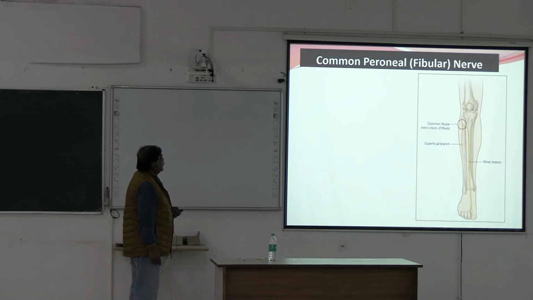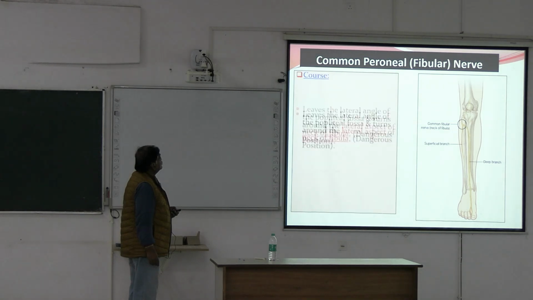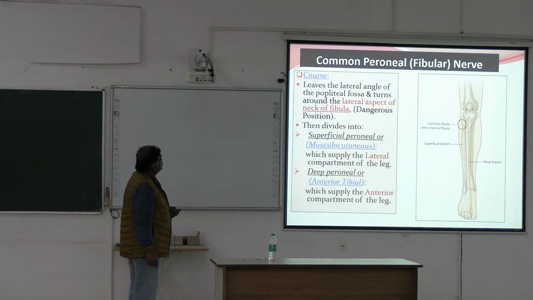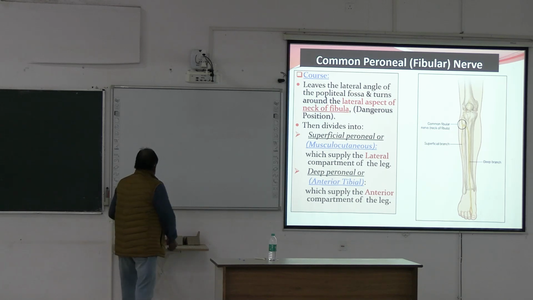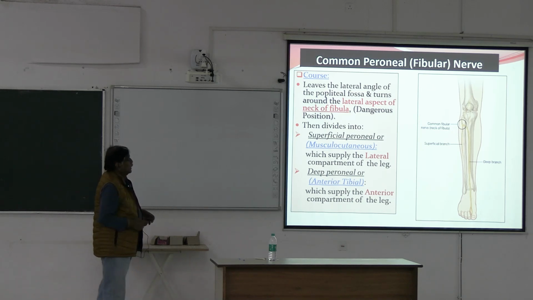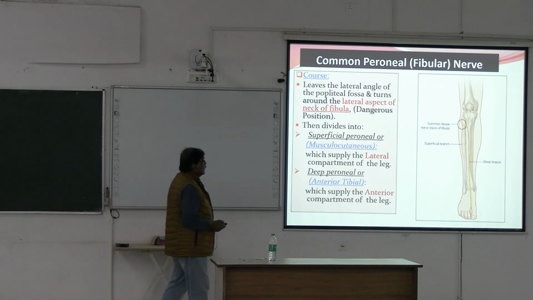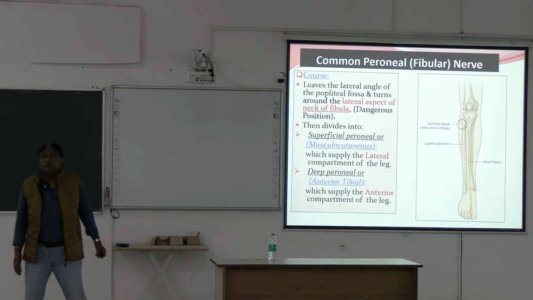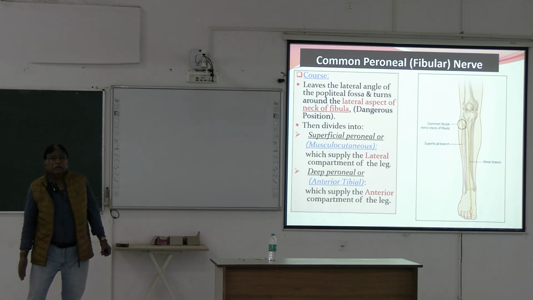Now, common peroneal nerve. Now, see this part. The fibula is on the lateral side and the tibia on the medial side.